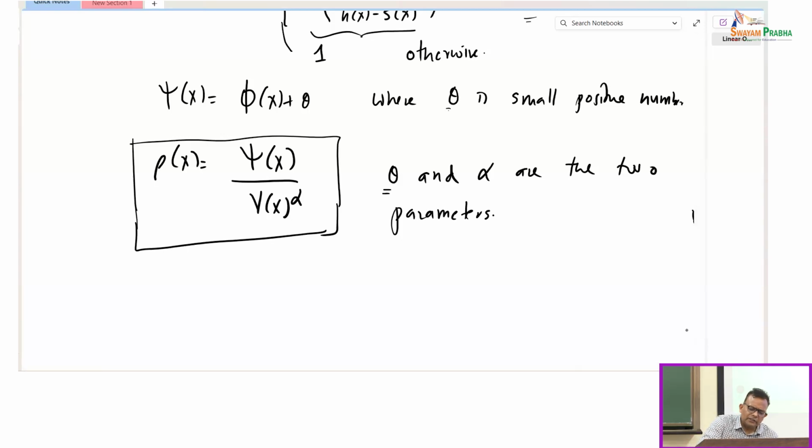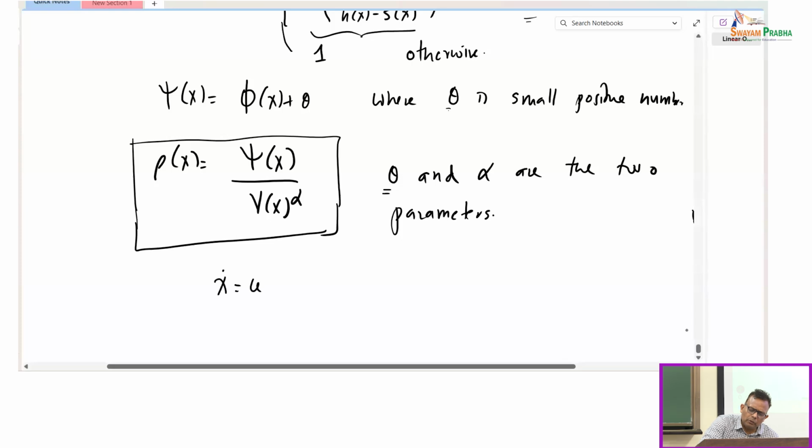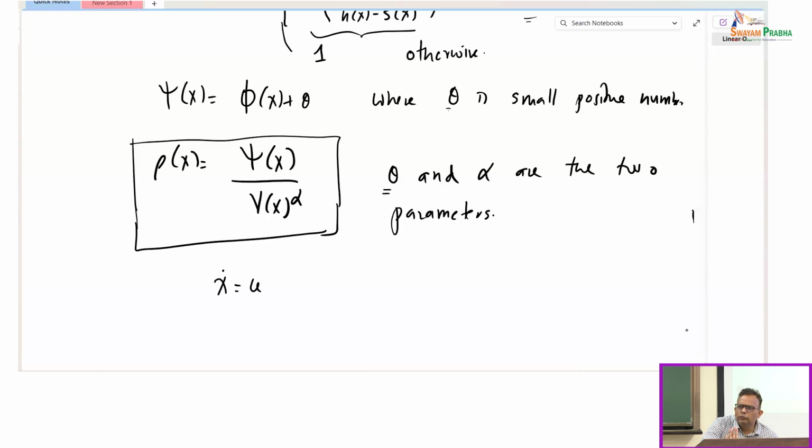Okay. So if that's the case, then once you have this construction, you just do x dot equals u. I'm trying to design a controller for the integrator dynamics. As I said, we're just doing the path planning problem. When you're doing path planning or motion planning, we are not accounting for the complicated robot dynamics.